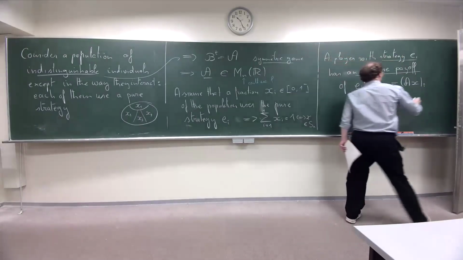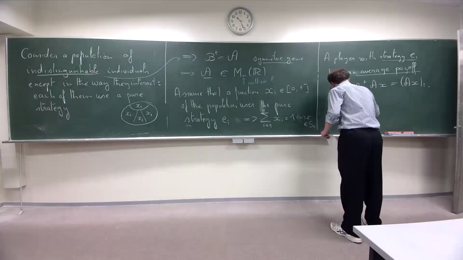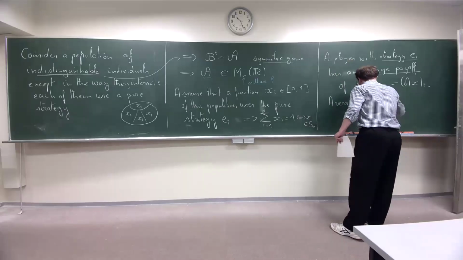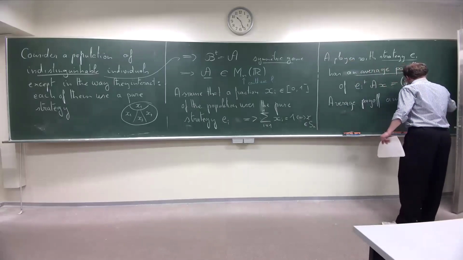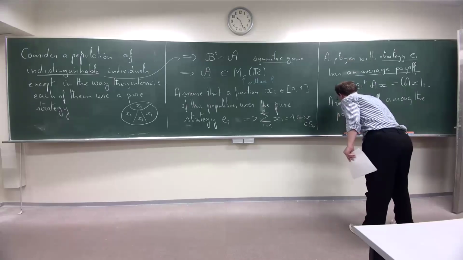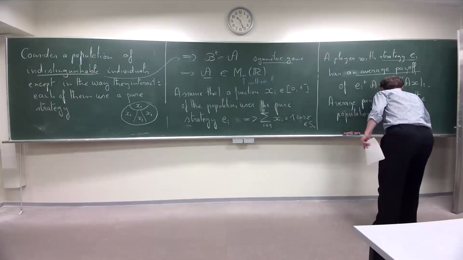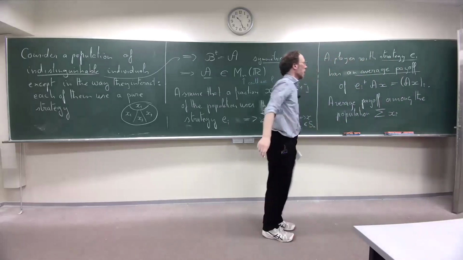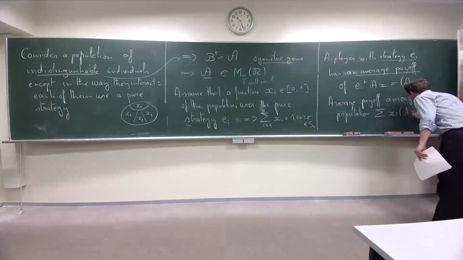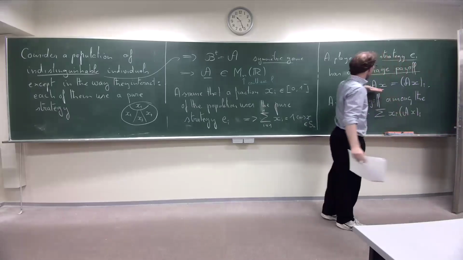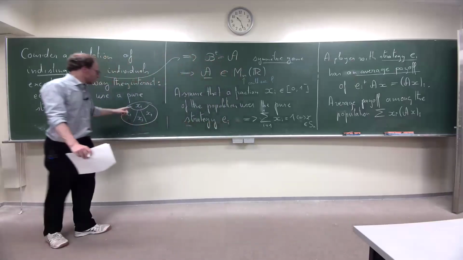This is the first observation. And the second observation is the average payoff among the population. What is it? It's the sum of xi times what we have just obtained, the i-th component of AX. Why? Because this is for one individual, but the percentage of this individual is x1.